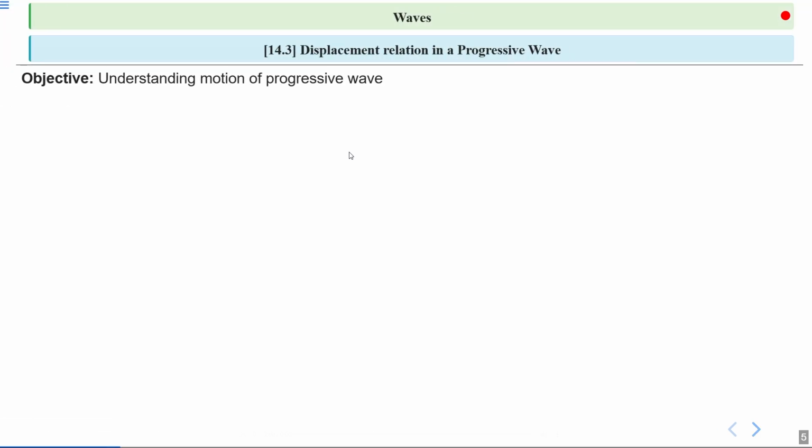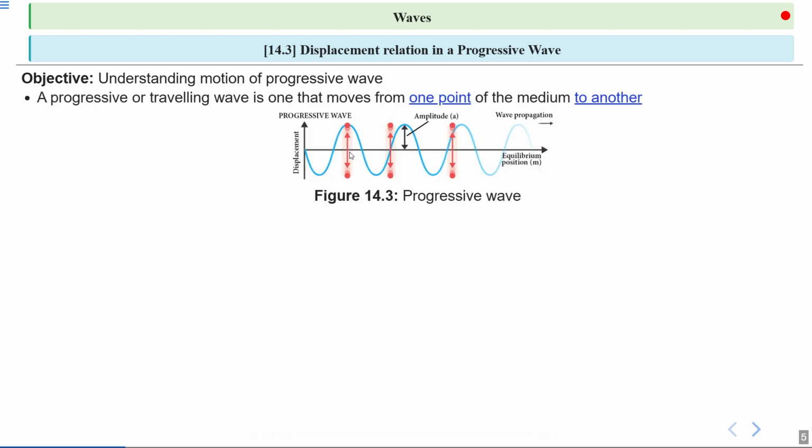Let's understand the motion of a progressive wave. So, let's start by defining a progressive or traveling wave. This type of wave moves from one point in medium to another, carrying energy along with it. Look at the figure.